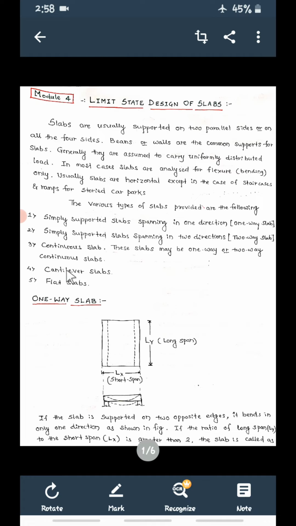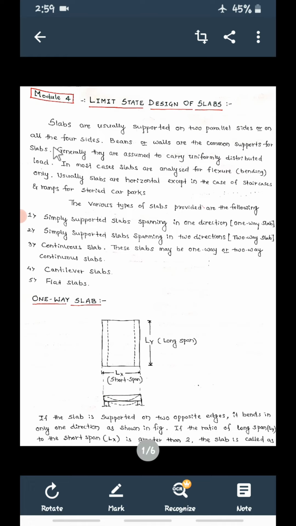The slab is fixed at one end and free at the other end, called a cantilever slab. And fifth one is flat slabs. Basically we are going to design the simply supported slab spanning one direction, that is one-way slab, two-way slab, continuous slab, and cantilever slab. So these designs we are going to do.